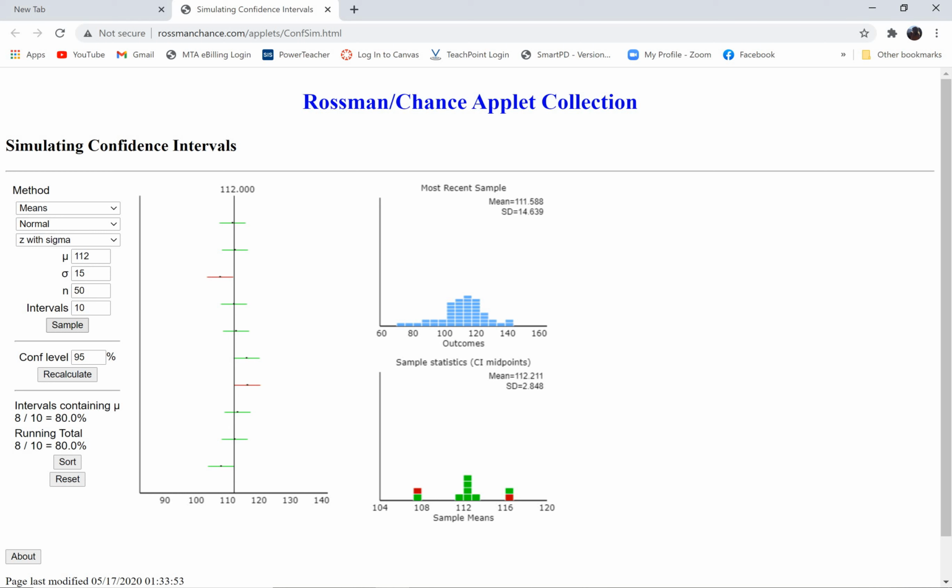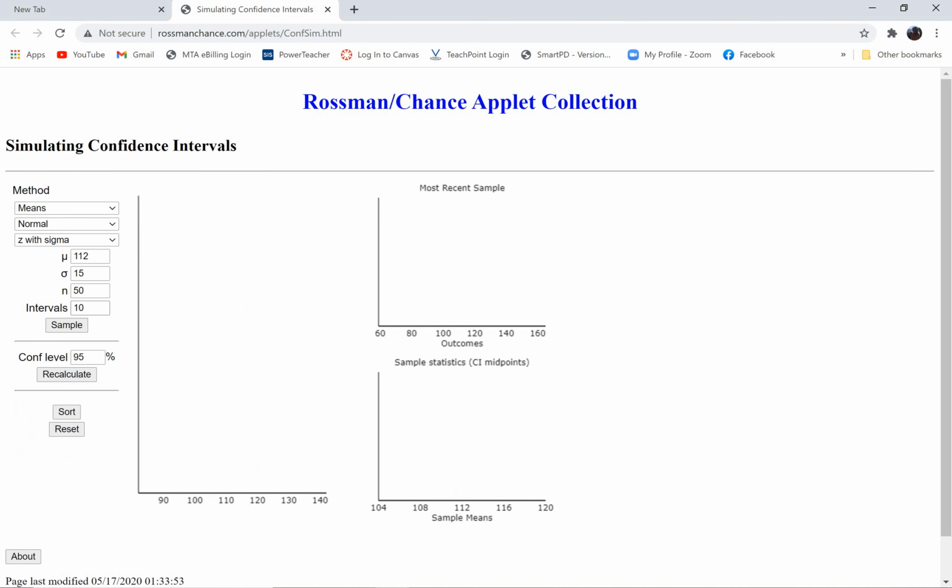So then if I sample again, all 10 of the next one caught the population mean. So right now we're up at 95%. And if I do it again, all the next 10 did, next 10 did. Here, 1 did not. So we're up right around 94%.